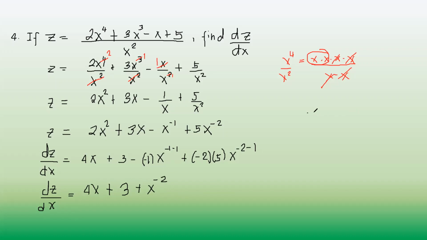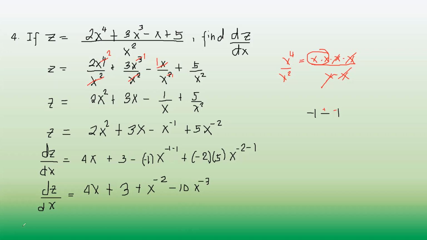Guys, sabi ko dati negative 1 minus 1, di ba? So, babaguhin ang sign ng subtrahend. Yung pangalawa, negative. Ito, mag-a-addition ka. Negative 1 plus negative 1 is negative 2. Okay. Then, positive and negative is negative. We will have 2 times 5, kaya negative 10. X raised to, o kaya dito, negative 2 minus 1 is negative 3.